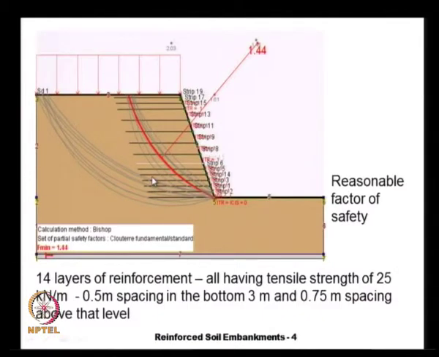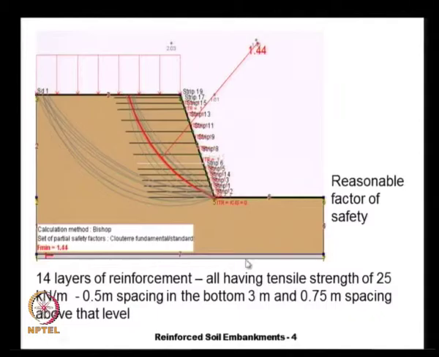and by decreasing the vertical spacing, we can provide 14 layers. When we provide 14 layers of reinforcement, all having tensile strengths of 25 kilonewtons per meter, the factor of safety increases to 1.44.